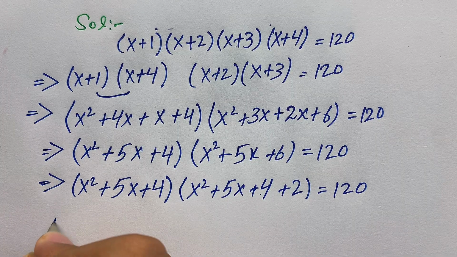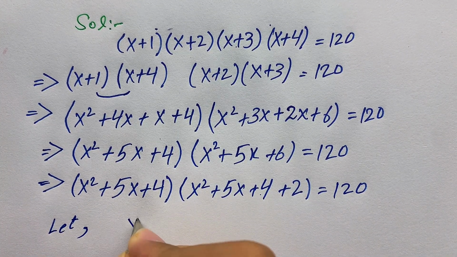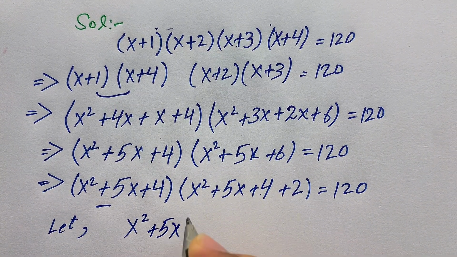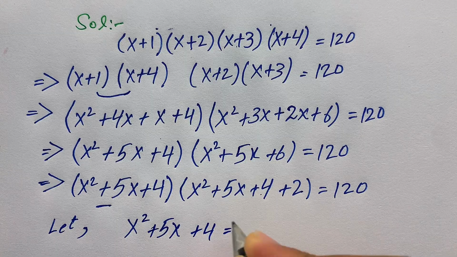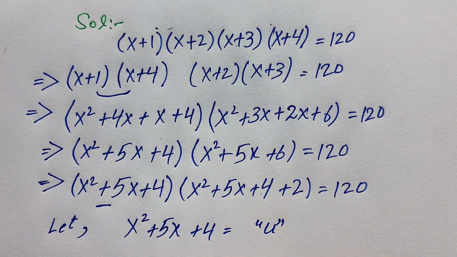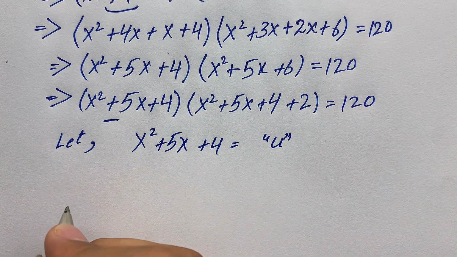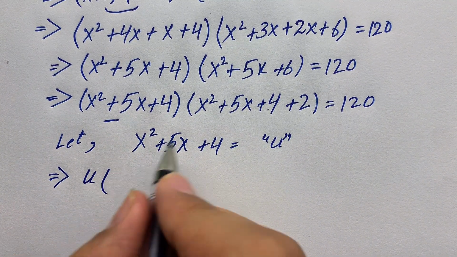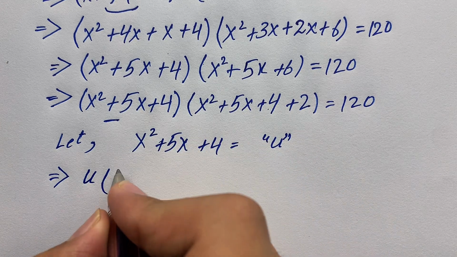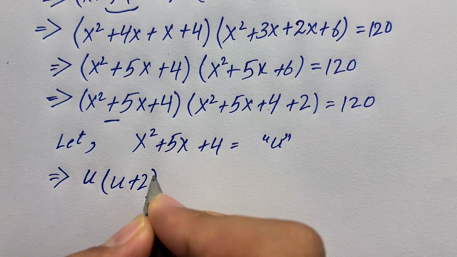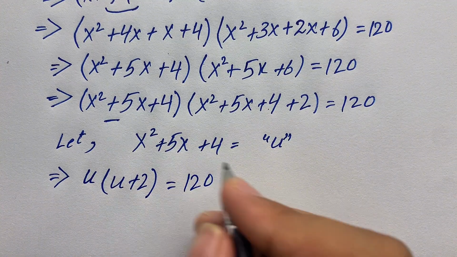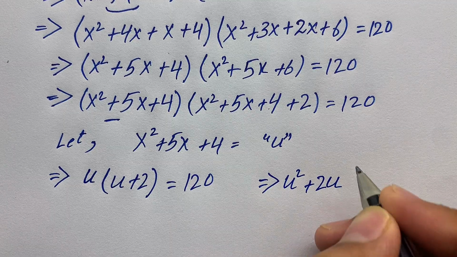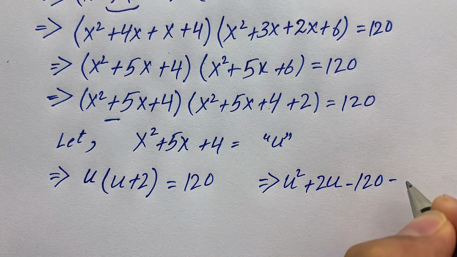Now let x square plus 5x plus 4 is equal to u. Now we are putting this, so we get u into u plus 2 is equal to 120. This will be u square plus 2u minus 120 is equal to 0.